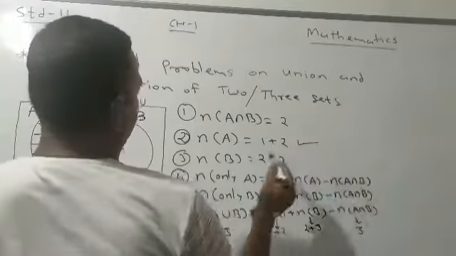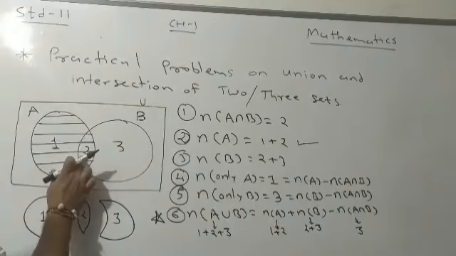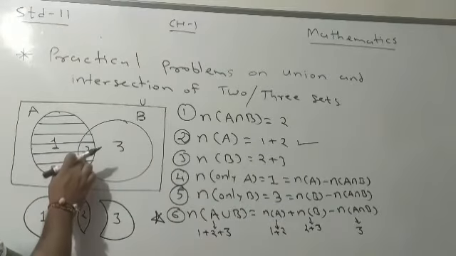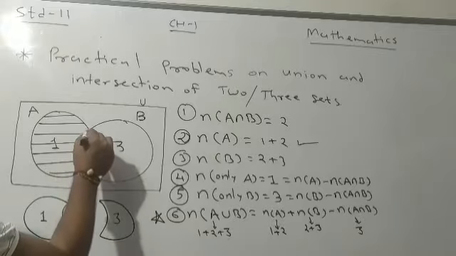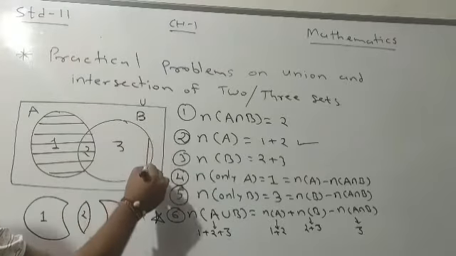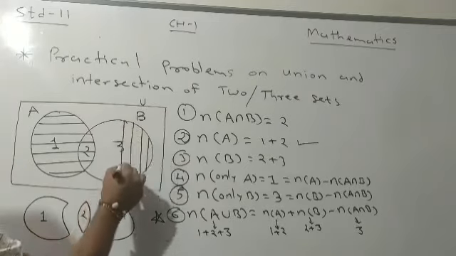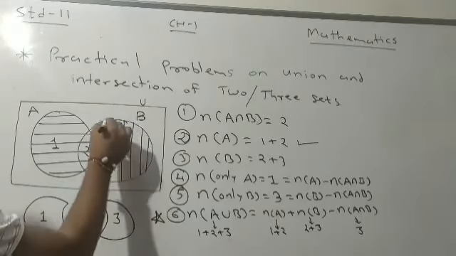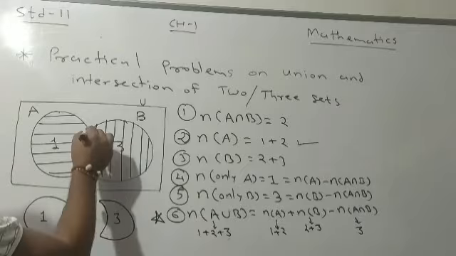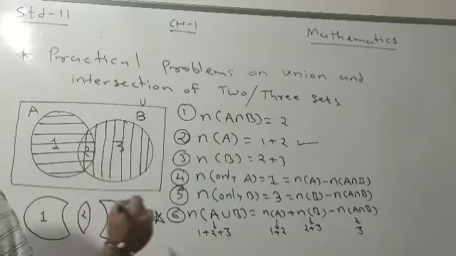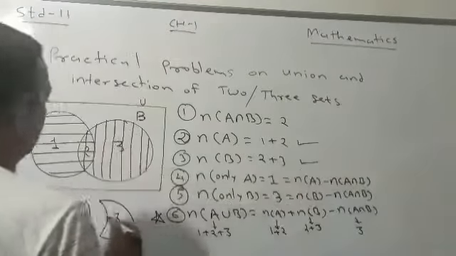A is nothing but the addition of 1 and 2. Similarly, if I am talking about B, then B is this vertical part, that is 3 and 2. So B is 2 plus 3.